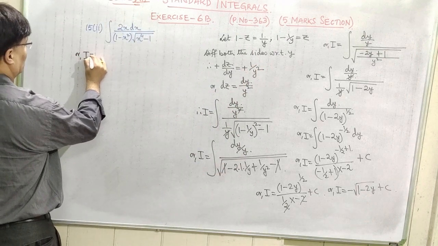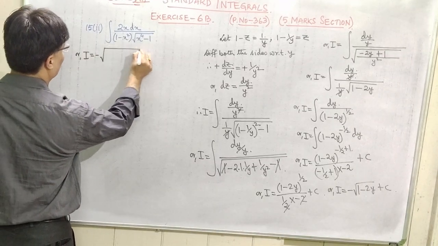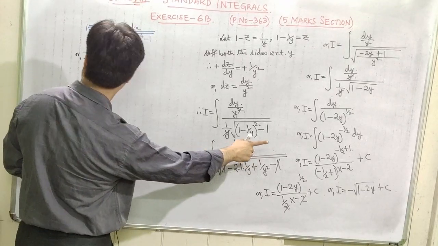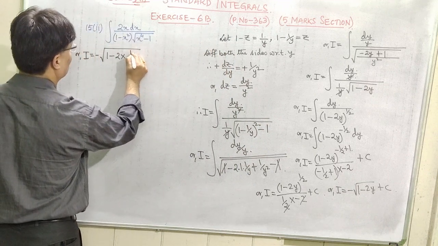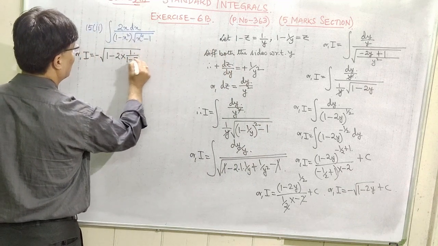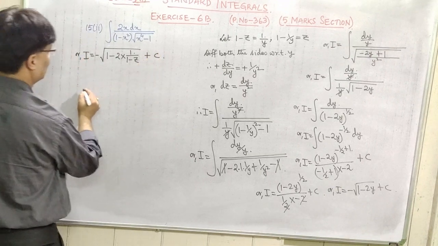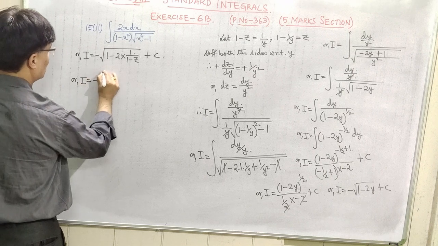Or I is equal to minus root over 1 minus 2 into y. What is y? 1 upon 1 minus z. Is that clear? Then what do we write? Plus c. Or I is equal to minus within square root.